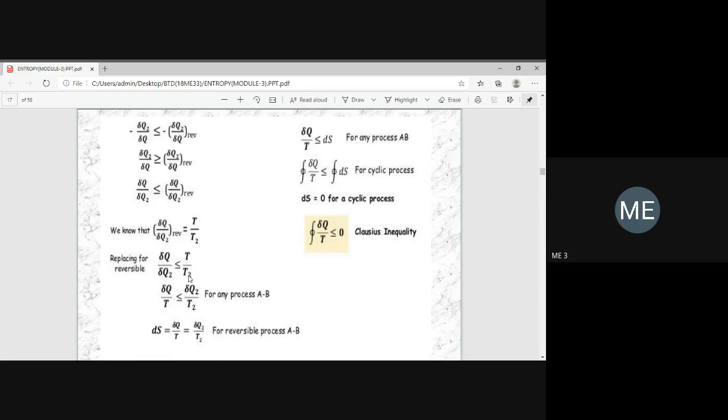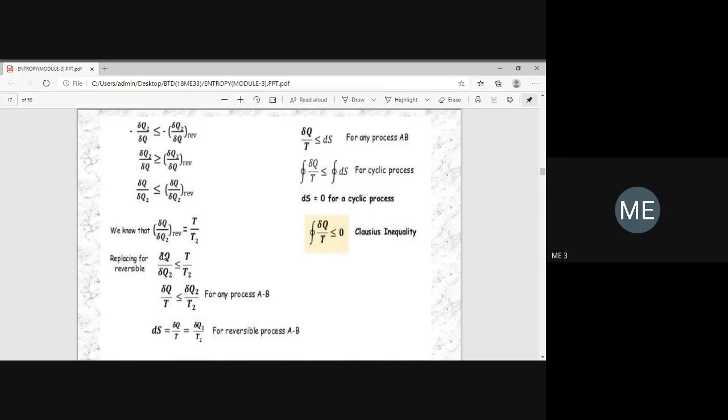In the next step, I am just interchanging the terms. I am taking T as the denominator of dq and dq2 as the numerator of T2.